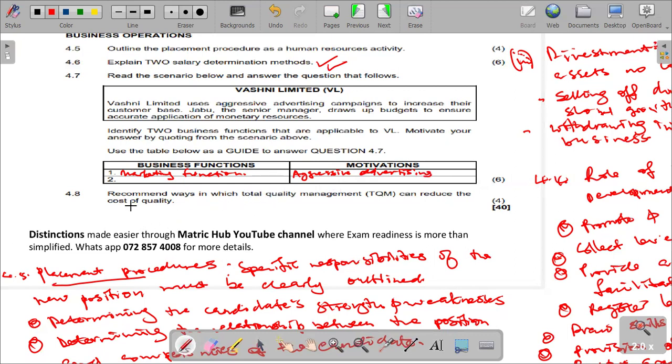We have got financial function here. How is it being supported? We are saying Jabu, the senior manager, draws up budgets to ensure accurate application of monetary policy. Budgets to meet monetary policy.